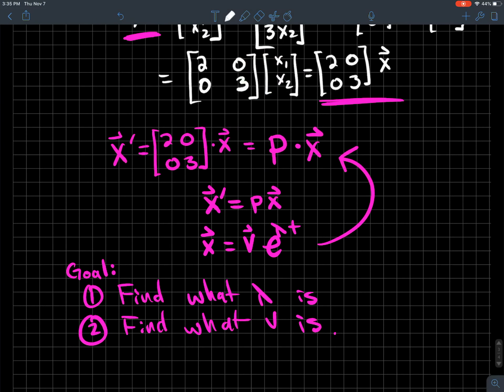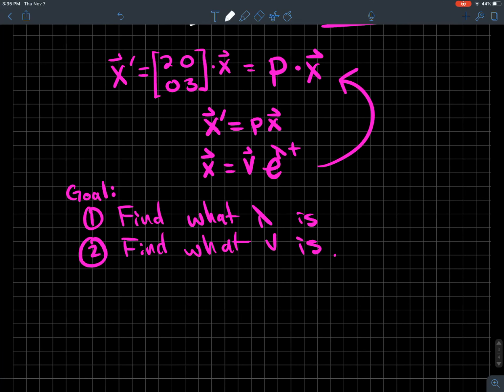Cool. So let's go ahead and plug it into the equation. In order to plug this in, what we need here is the derivative of x. So the derivative of this particular x is going to be v times lambda e to the lambda t.